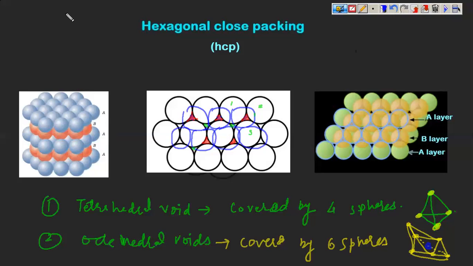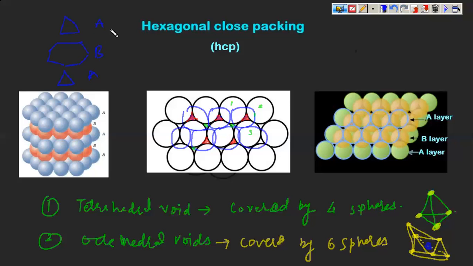First layer, then second layer, then again first layer: first, second, first.